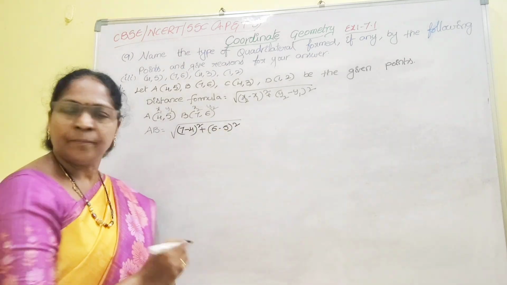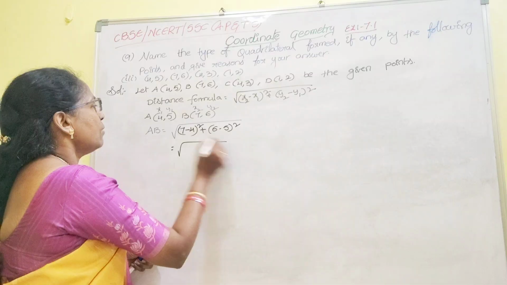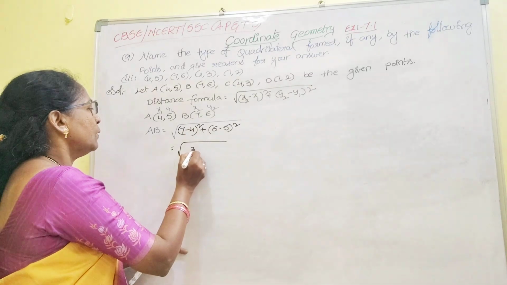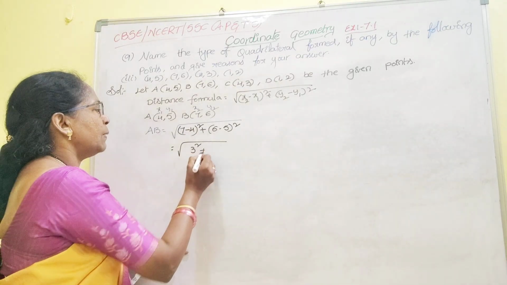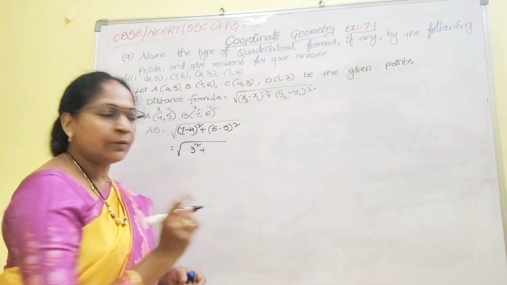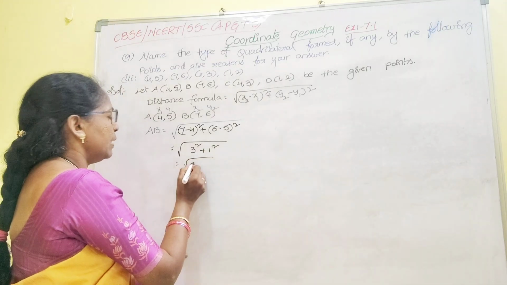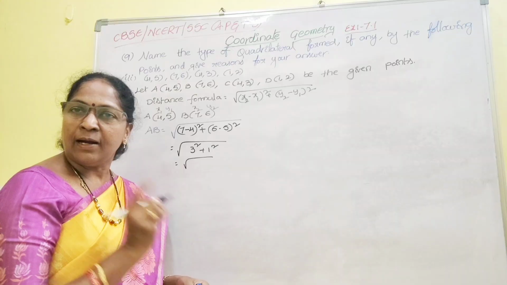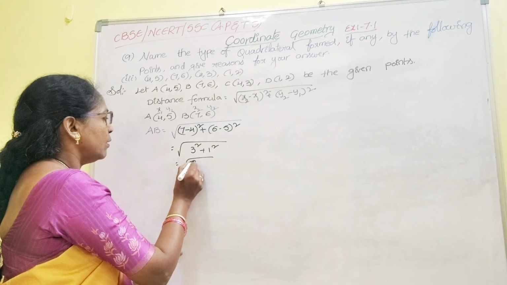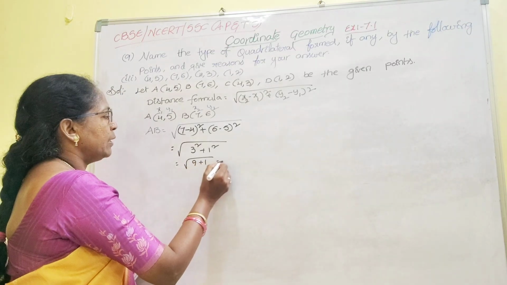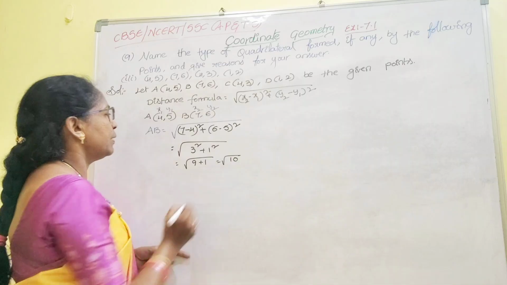So 7 minus 4 equals 3, 3 square is 9, and 6 minus 5 equals 1, 1 square is 1. So 9 plus 1 equals the square root of 10.